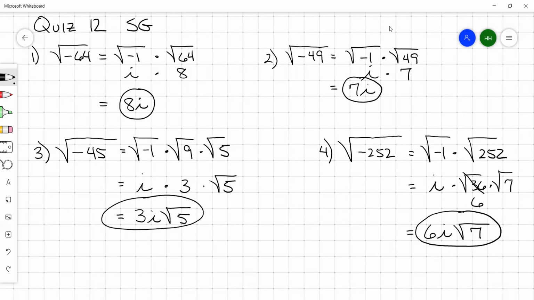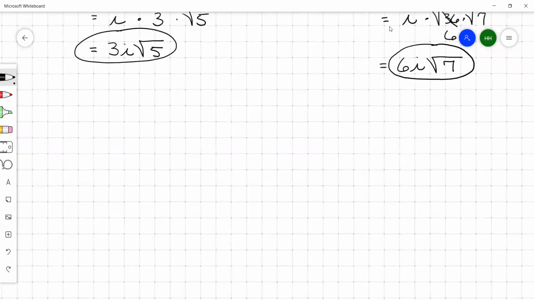All right, then we've got a problem that says identify the graph. We're going to graph negative 2 plus 3i. Remember these graphs. There was a real portion and there was an imaginary portion.